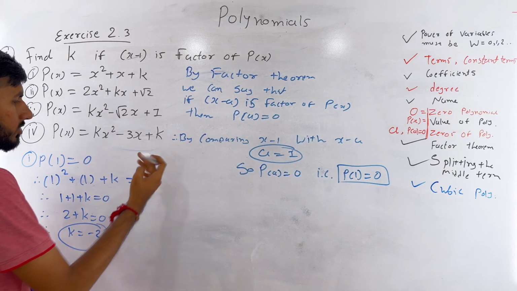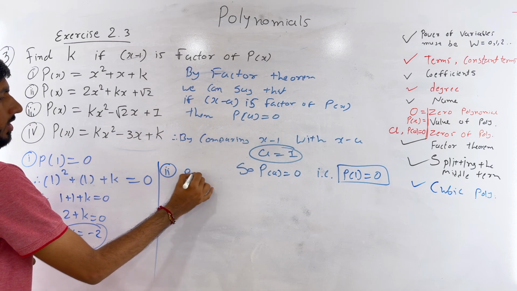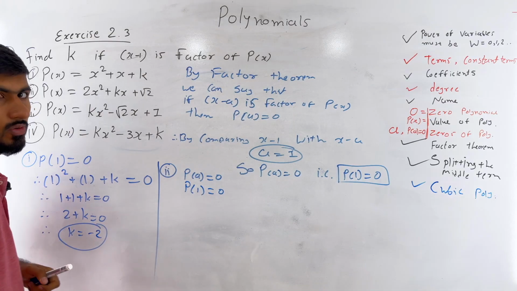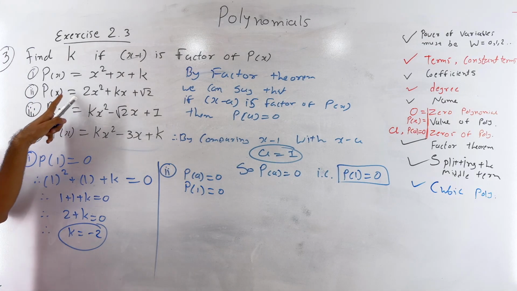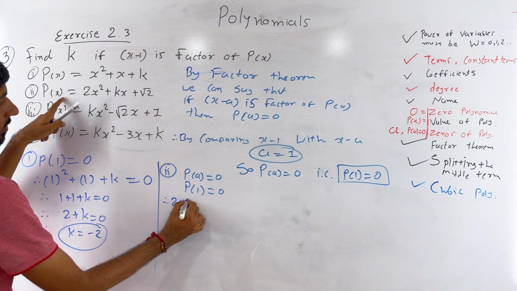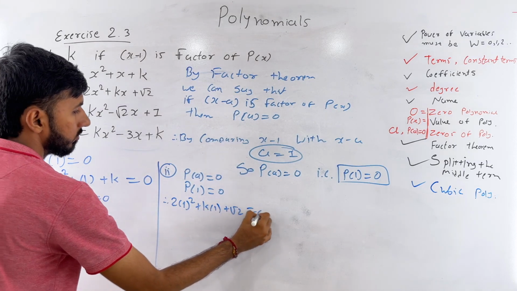Now we will do it for the second one. Same process, right? p(a) is equal to 0, that means p(1) is equal to 0. So for this, p(1) will be 2(1 square) plus k(1) plus root 2 is equal to 0.